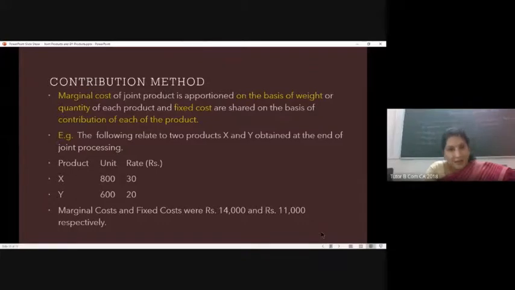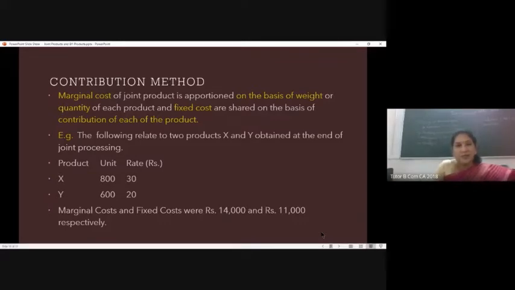The second method we discussed was the average value method, where averaging was done to normalize the condition before we apportion the cost. And the third method we discussed was the survey method, where grading was given to the products based on some quality or some other criteria like acceptability in the market.